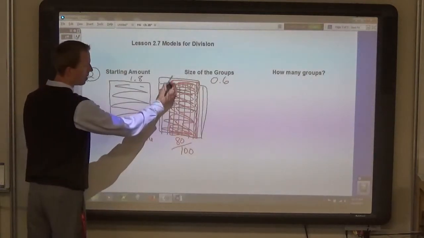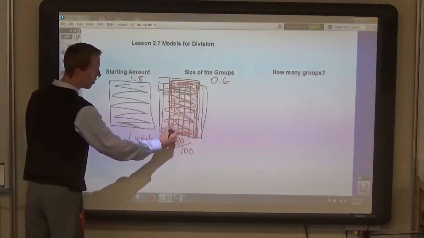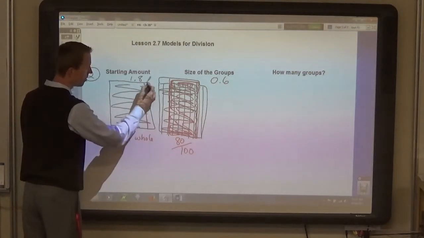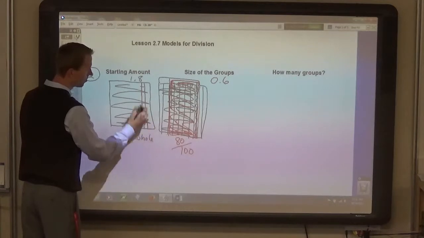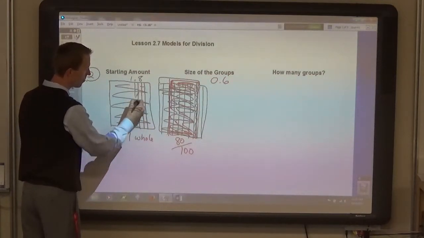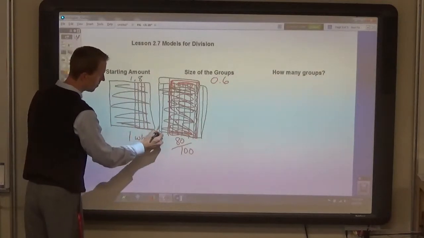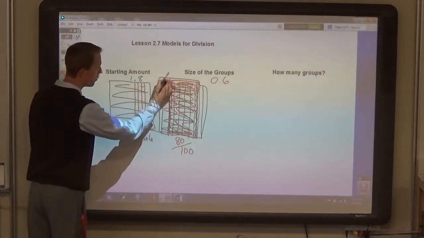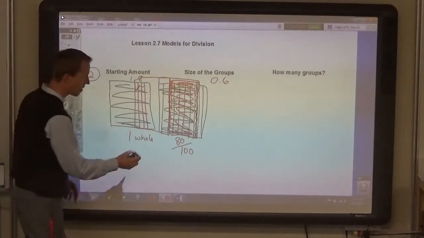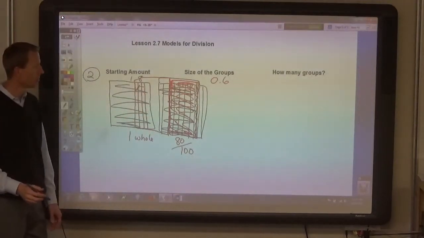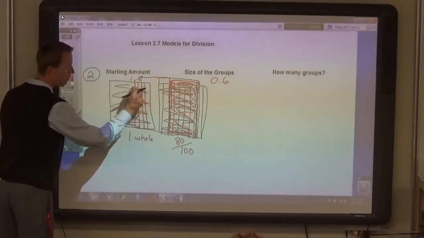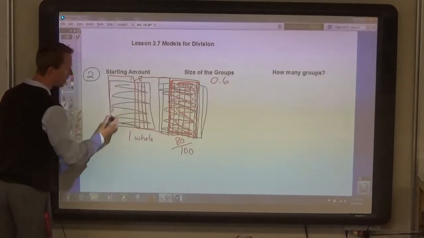And then there is another 2/10 here, which means we would need 4 more tenths over here. So this is another group. 2/10 plus 4/10 is 6/10. And the last group, if we got 4 of these, that means there's 6 left.